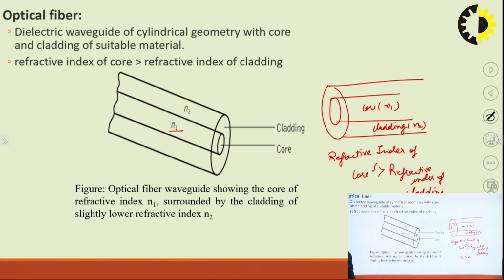Clear? So this is the core, the inner portion of the waveguide, which is in the form of a cylinder, with refractive index N1, and the outer portion which covers the core is known as the cladding, with refractive index N2.